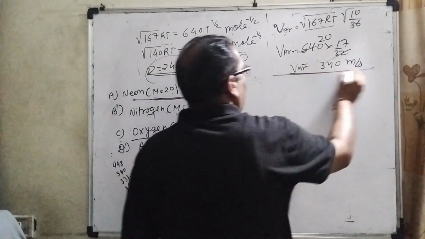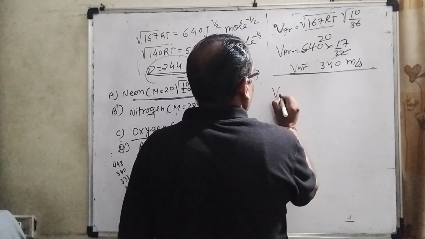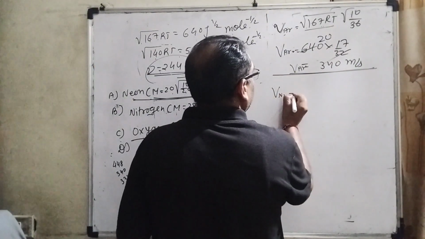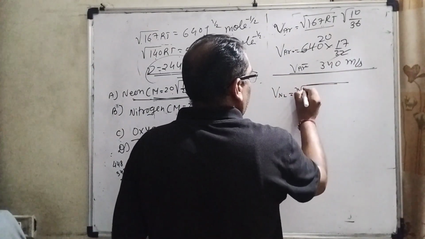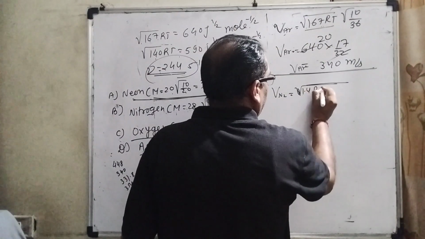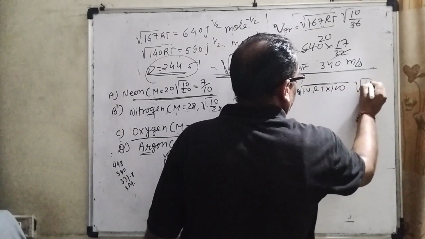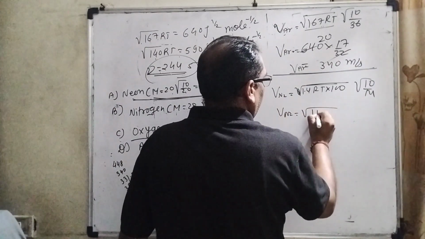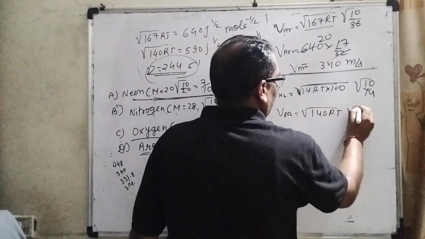Now for the diatomic gases, nitrogen and oxygen. For nitrogen, the value of gamma is 1.4, so 140 RT times root 10 by M. For nitrogen M is 28.